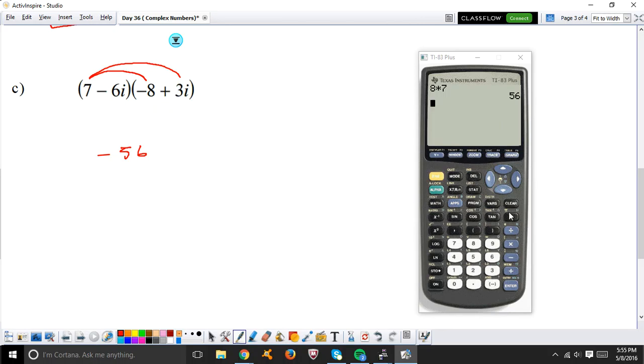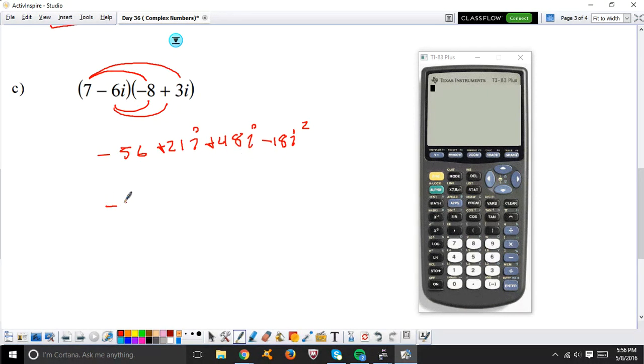7 times 3i. So let's see, 7 times 3, 21. Plus 21i. Multiply that. So we got negative 6 times negative 8. That's equals to plus 48i. And now we multiply the last one, which is negative 6 times 3. So that's negative 18i squared.